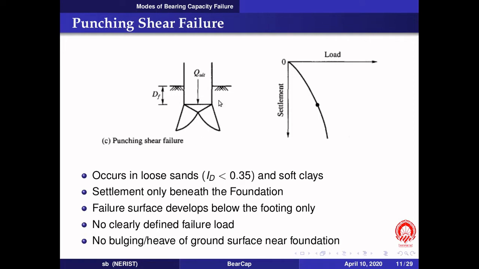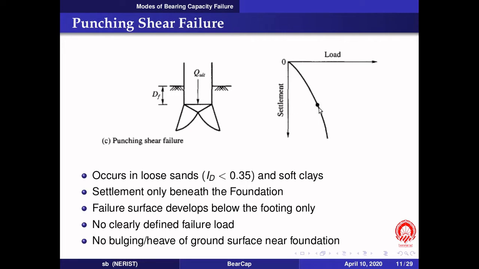Side soil is not at all affected, and there is no bulging or heaving at the ground surface, and the failure surface in fact does not go up to the ground level. That's why we're saying that the soil beside the foundation does not actually take part in resisting the load in this case, and accordingly we don't have any clear load at which the foundation fails.